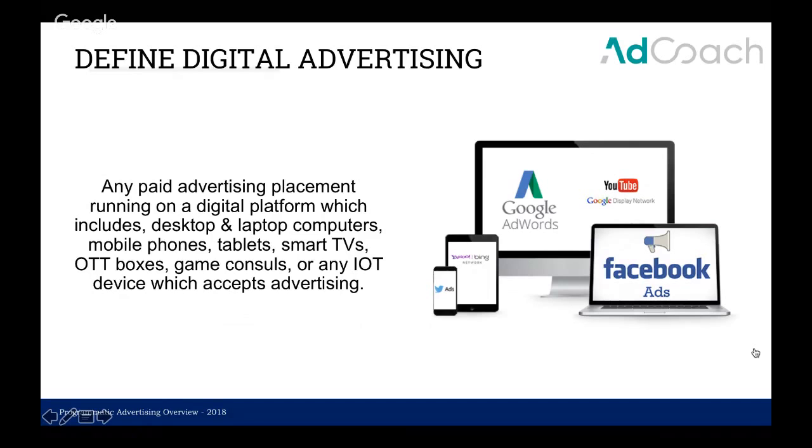So you have your Google AdWords, your Facebook, your Yahoo search, your YouTube, your social ads on Twitter. Any one of these count as digital advertising, and pretty much all of them use some form of programmatic process to manage their ad campaigns and manage the delivery of those ads.